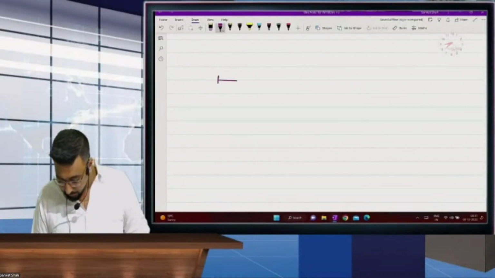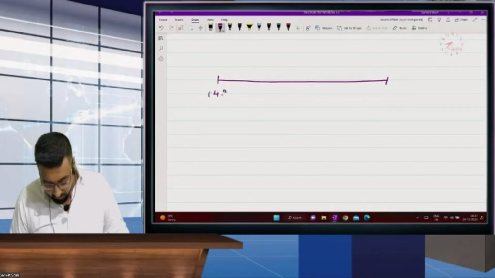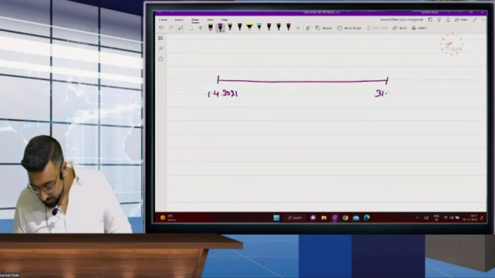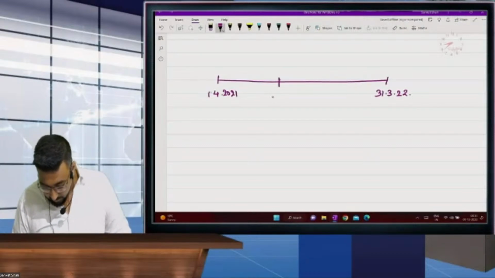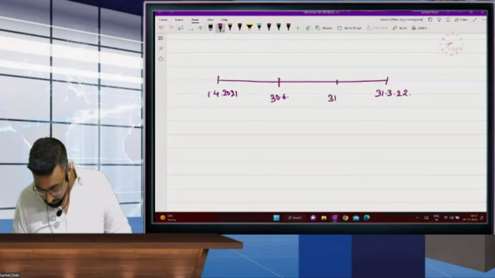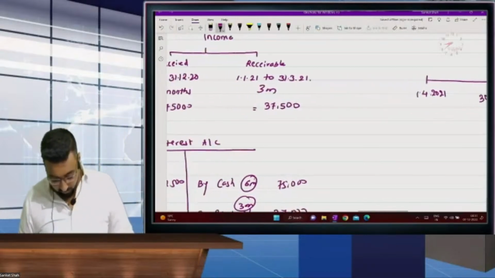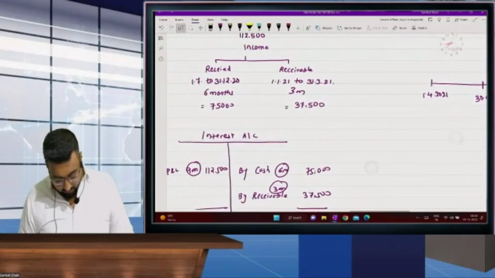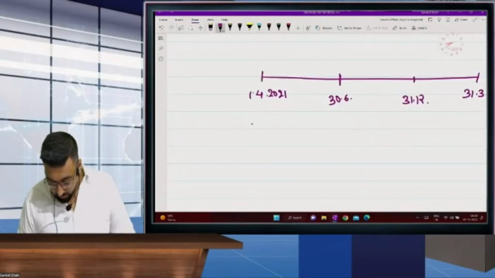Next. From 1st April 21 to 31st March 22, interest dates are 30th June and 31st December. Now, your amount is getting changed.